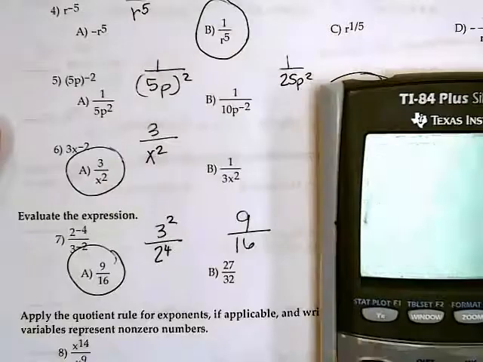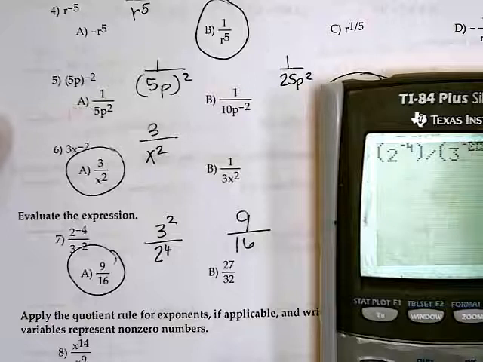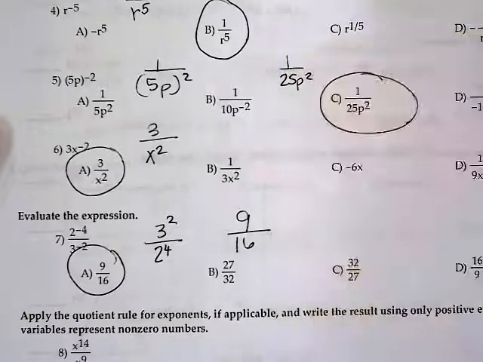It would give you that answer. If you put 2 to the -4th divided by 3 to the -2 and hit math enter, it'd give you 9/16. So you can do that on your calculator.